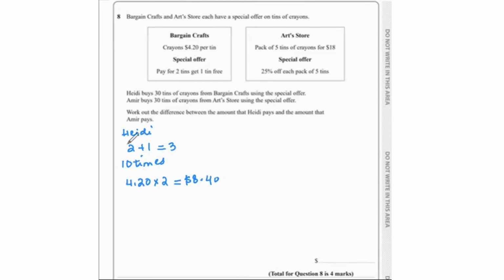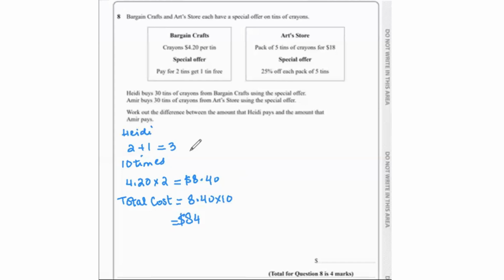Now she uses this offer, like I said, 10 times. So the total cost would be 8.40 times 10, which is $84. That is what Heidi is spending. Once again, if she buys 2, she gets 1 free.